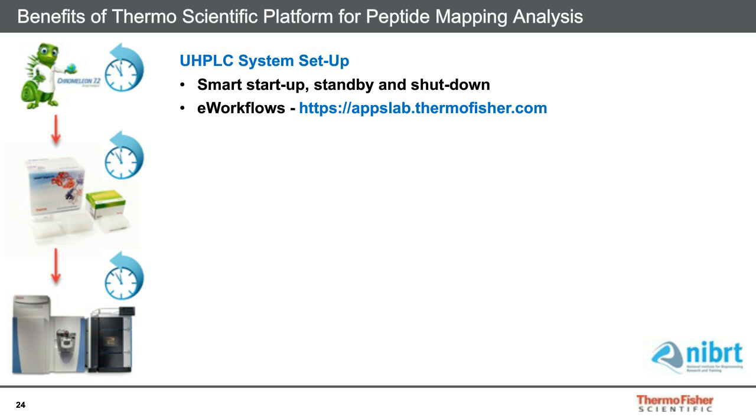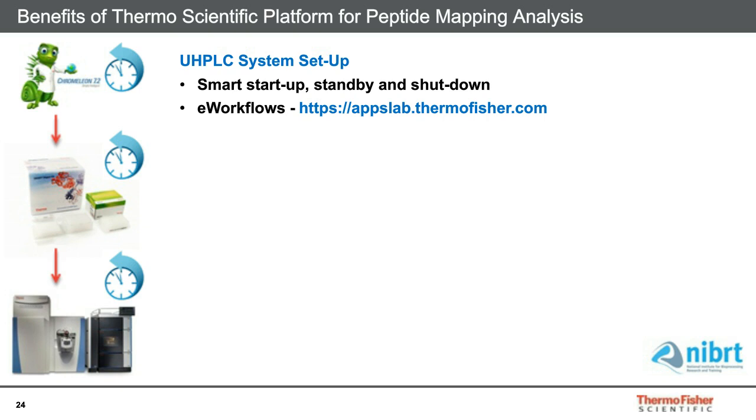The first of these is in regards to Chromeleon software version 7.2. Two really nice components of this software that I particularly like are the use of smart startup, standby and shutdown methods and the availability of eWorkflows. The smart startup function saves a lot of time with UHPLC system setup. As for any instrument method, all that is required is to place buffers and a column on the system, initiate the smart startup, and the system does the rest, ensuring that the UHPLC is fully equilibrated before running any samples.